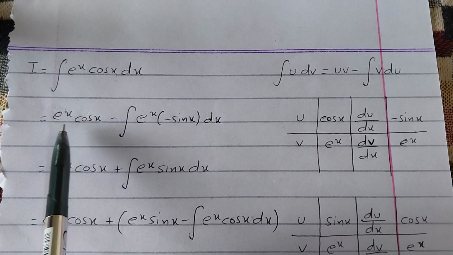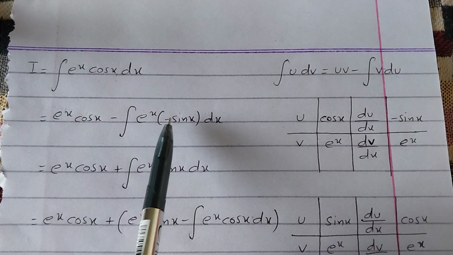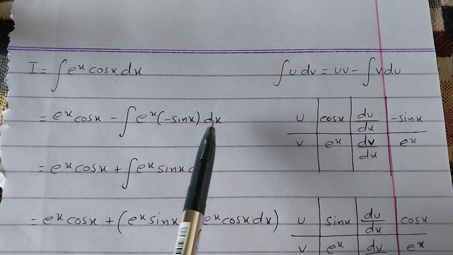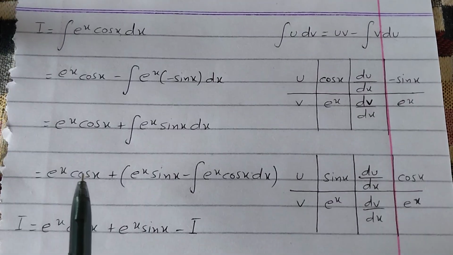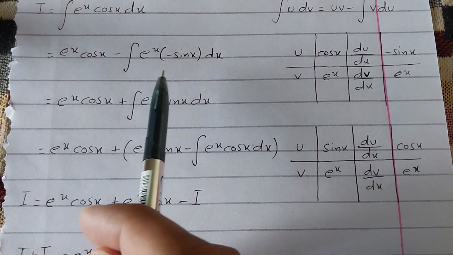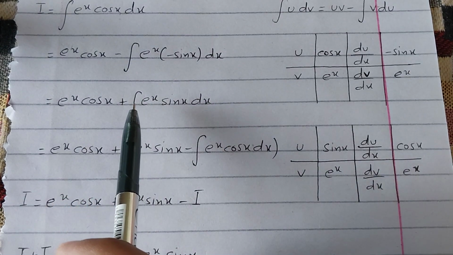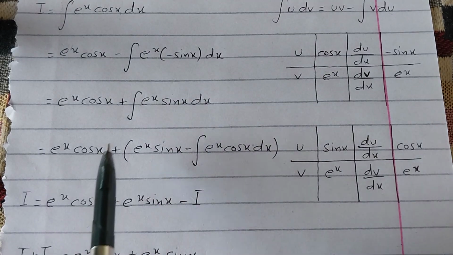So it will become e to the x cos x minus integral of v du. V is e to the x and du is minus sin x dx. So this will become e to the x cos x plus, because this minus and this minus multiply to give plus, integral of e to the x sin x dx.